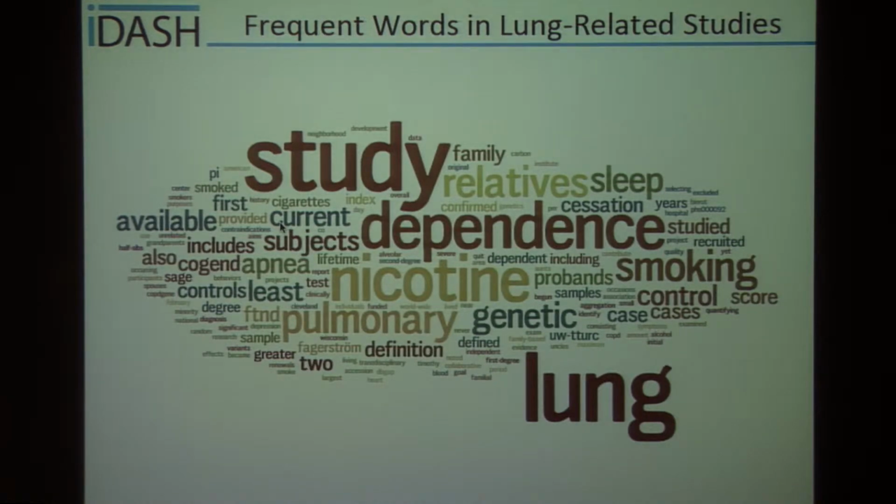This is a word cloud that we generated using the text from some lung-related dbGaP studies. And you'll notice some prominent terms, such as nicotine, pulmonary, or smoking, that are indicative of lung and might be what a human would use as context to determine whether a study was lung-related or not. And so what we sought was to use this machine learning algorithm to help our classifier do something similar.